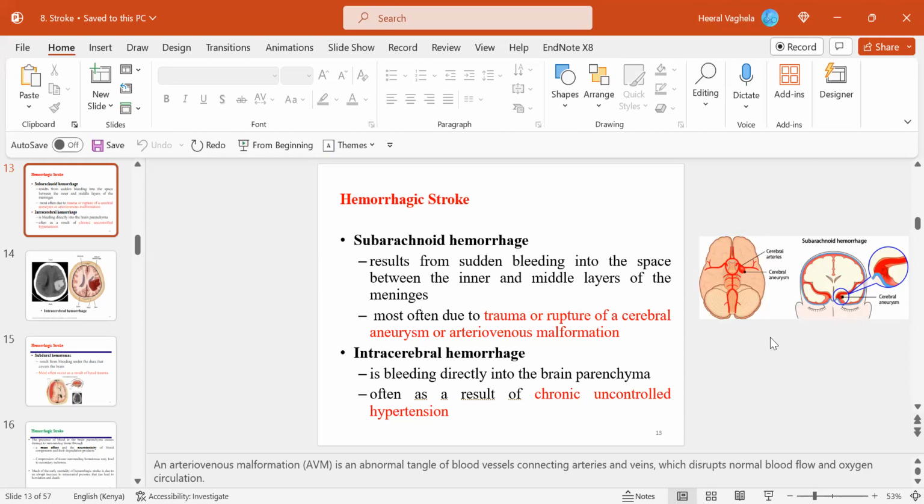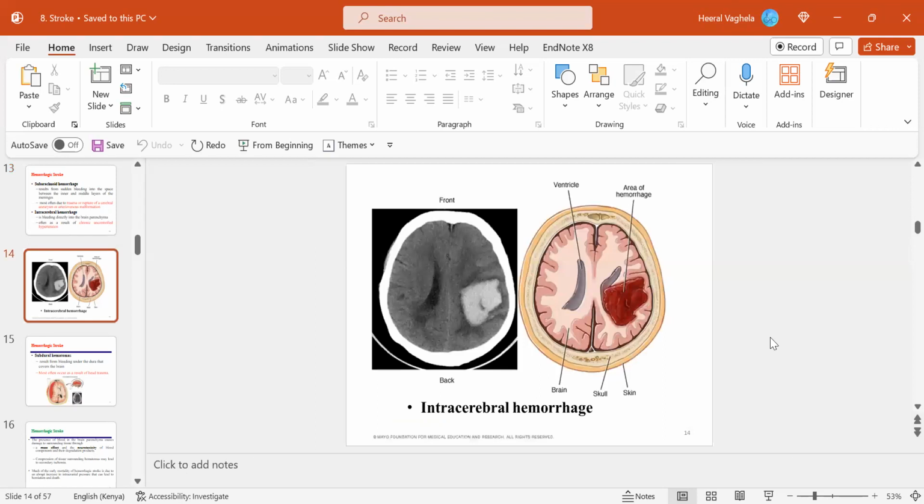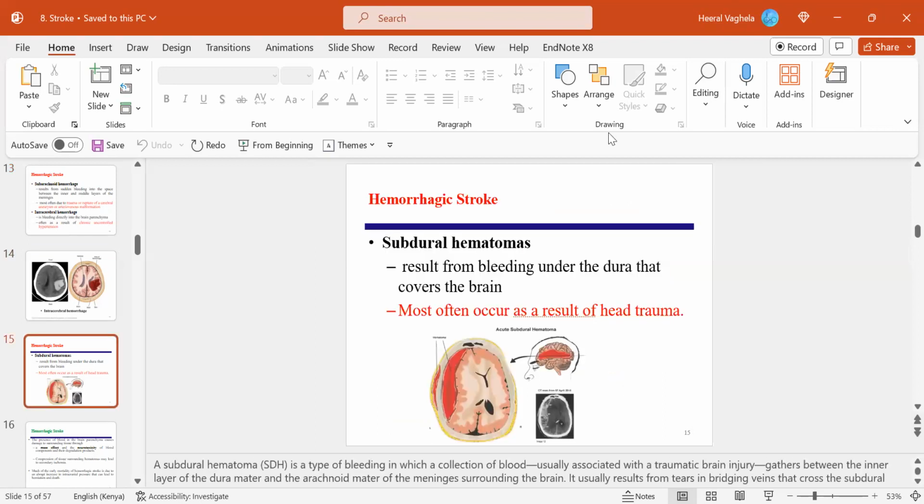Then you have intracerebral hemorrhage, which is into the brain parenchyma, and it's usually caused by uncontrolled hypertension. Then you have subdural hematomas, which is bleeding under the dura that covers the brain, and it's a result of head trauma.